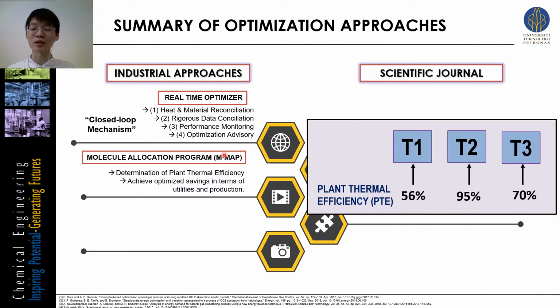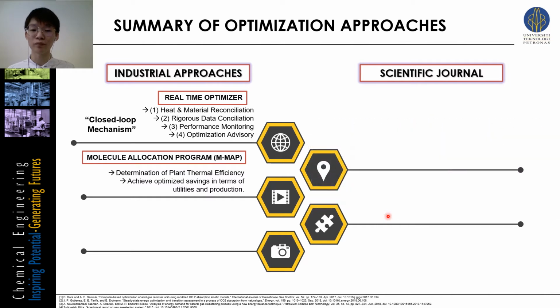This MAP can determine that train 2 has the highest efficiency and train 1 the lowest, so we can feed more molecules of natural gas into train 2 and reduce the feed into train 1 to improve the overall production. Next is the solvent selection, which is one of the approaches taken before we actually construct the plant or before we do the literature study.